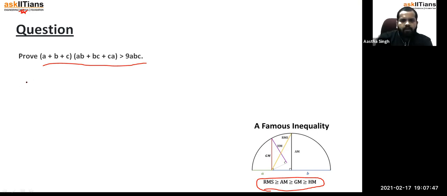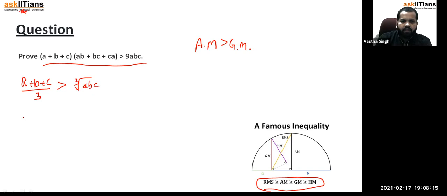Let me write A plus B plus C, divided by 3, which is the AM. The arithmetic mean is greater than the geometric mean, so AM will be greater than or equal to GM. The geometric mean will be the cube root of ABC.